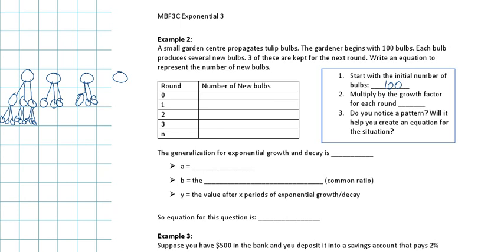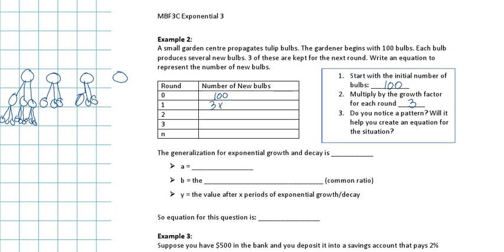Okay, so let's start. Number of bulbs is 100 for my first round. This is what I'm starting with. Then for my first round, I'm going to have 300 because each one is going to be producing 3 times 100, which is 300.